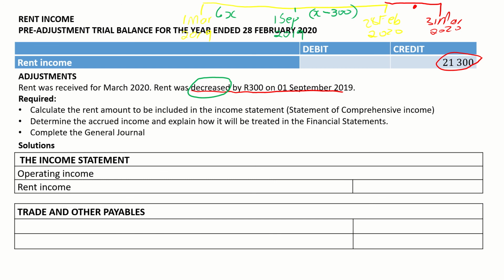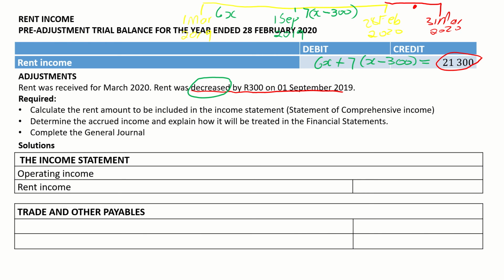Now you will have to count, it was x minus 300 for how long? From the 1st of September, so I will count from September: September, October, November, December, January, February, and then March. I'm going to multiply that by 7. So it will be 6x plus 7 multiplied by x minus 300.